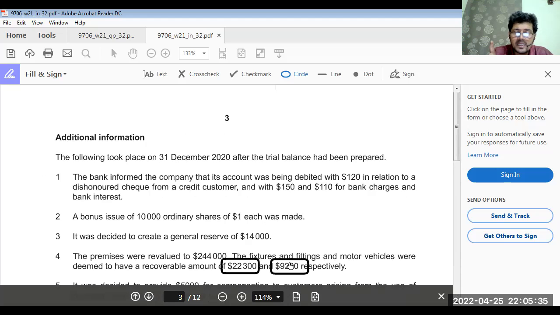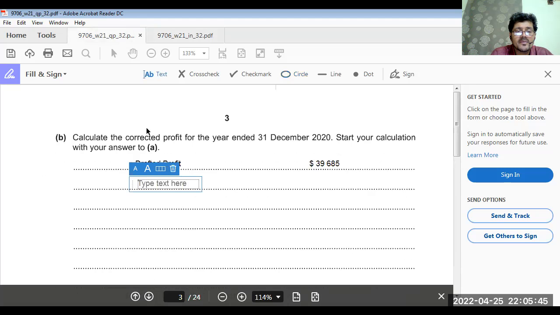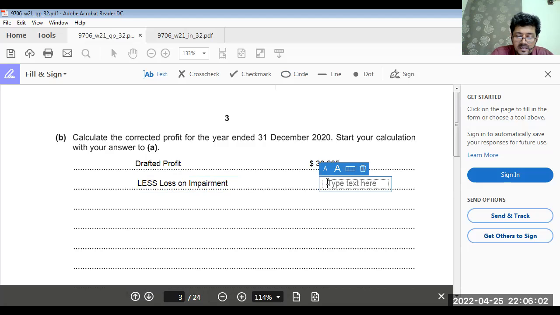But for motor vehicles, the carrying cost is higher than the recoverable cost by 925, so there is a loss on impairment. So we have to deduct over here: less loss on impairment, that is 925. Getting my point clear?